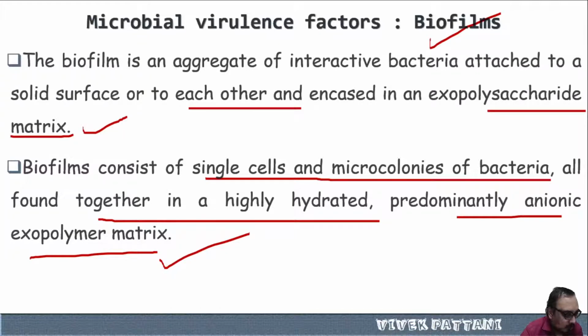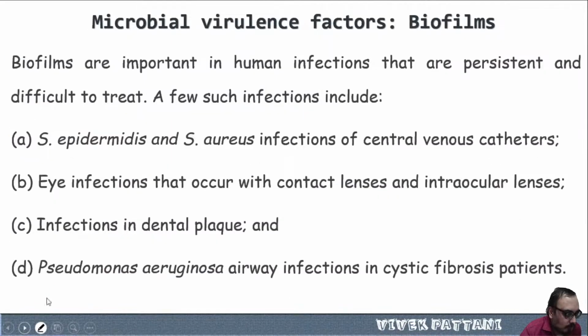A single species of bacteria may be involved, or more than one species may co-aggregate to form a biofilm. Biofilms are important in human infections that are persistent and difficult to treat. A few examples include Staphylococcus epidermidis infections of central venous catheters.